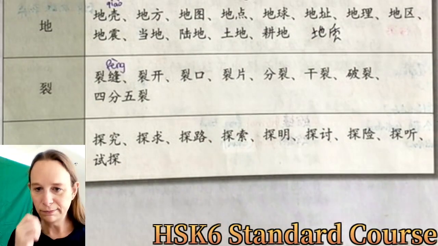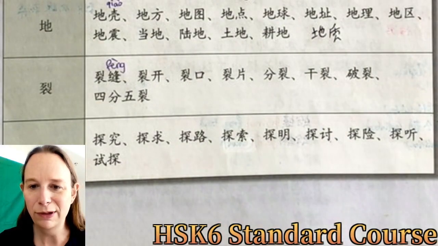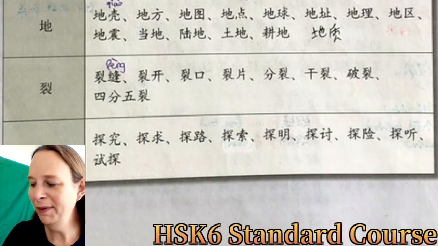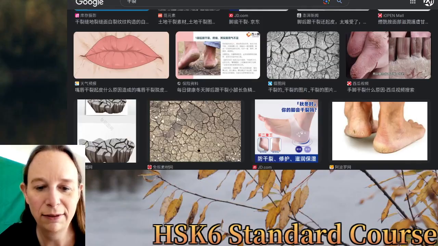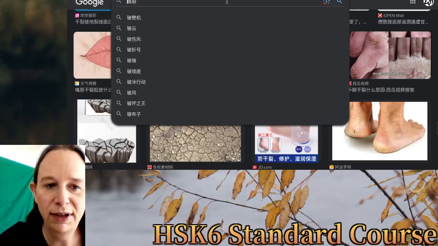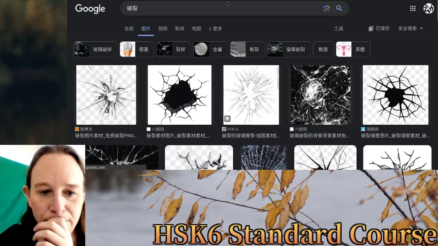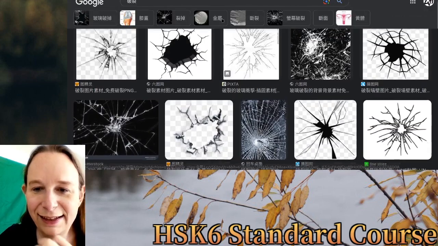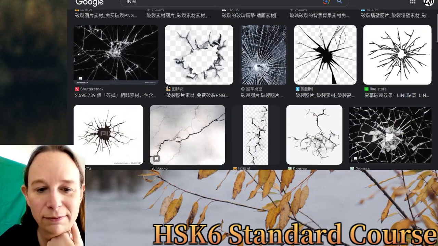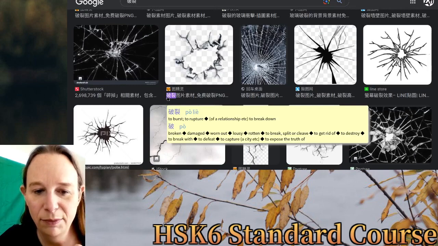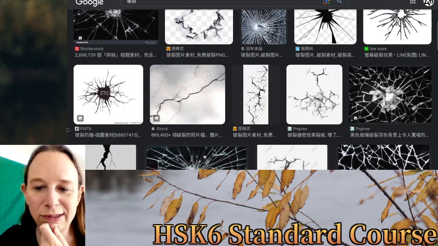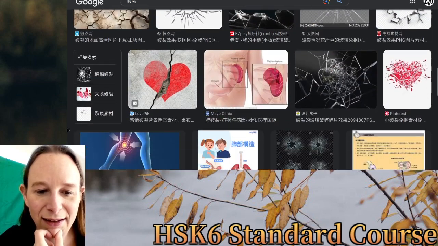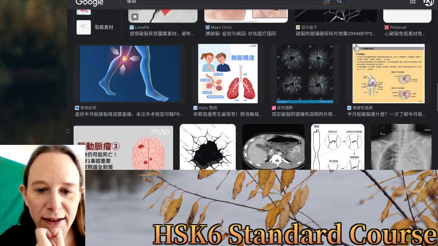破裂. 破 is 破坏的破. So maybe it's like smash and split it apart. 破裂. Sounds like a verb to me. Okay, that's a good image to think of. 破裂. To burst, to rupture, to break down. Oh yeah, used metaphorically. But it's like a 破裂窗户 or body. 破裂.